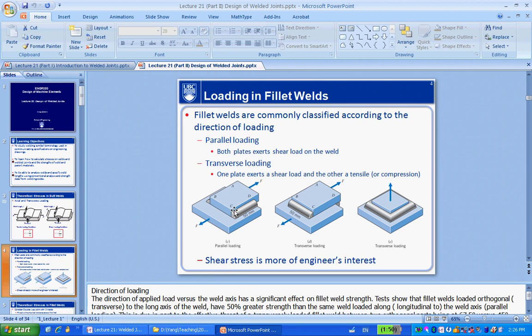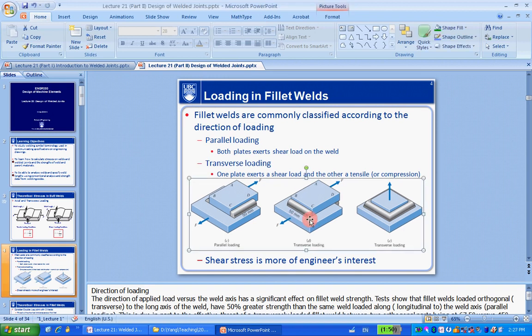But for these two, if you weld it this way and then apply the force, for example here, at the bottom of this weld, that's shear, but at the other side, that's kind of a normal stress. So that's basically called transverse loading.